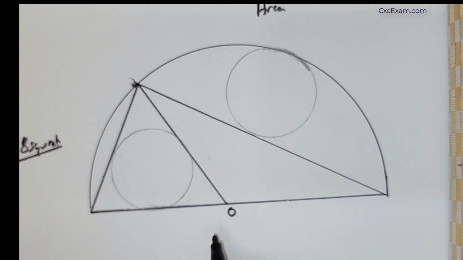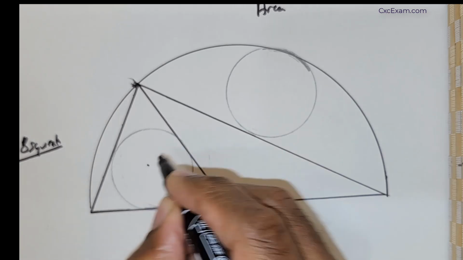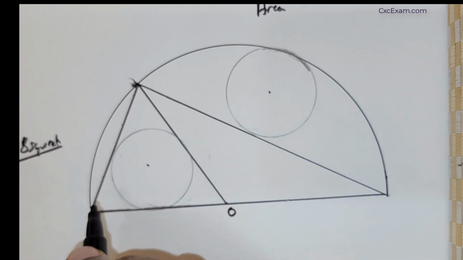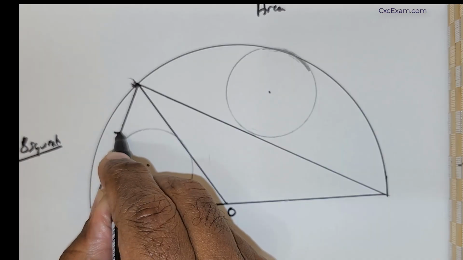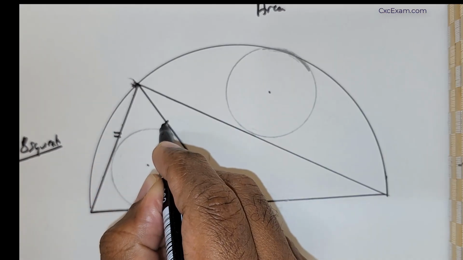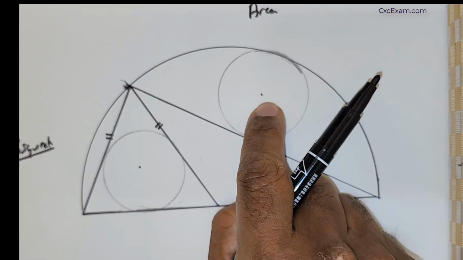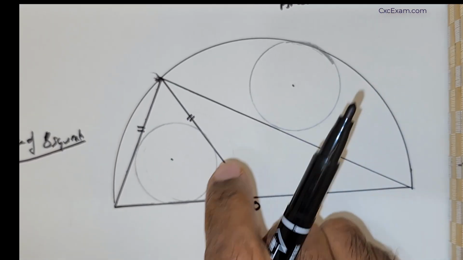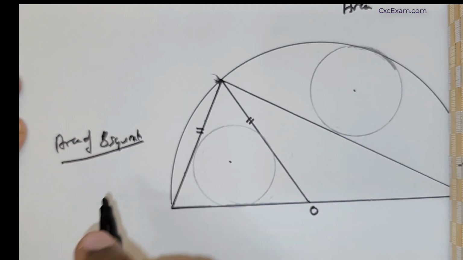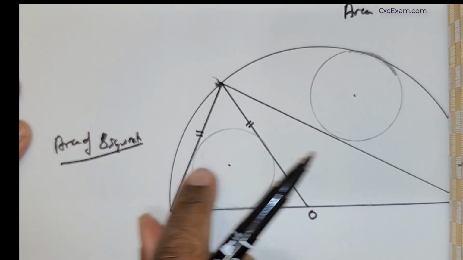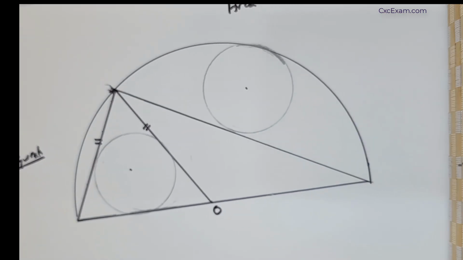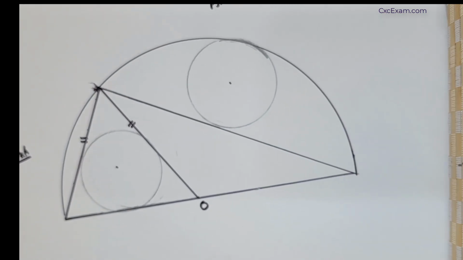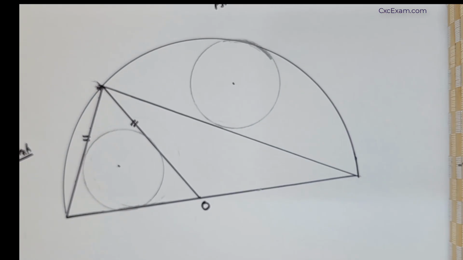And O is the center of the circle, right? And we are given that these two sides are equal. We are asked to get the area of this circle. So area, I hope this is visible, area of this circle is 8 square units. So having got that, let us move on.